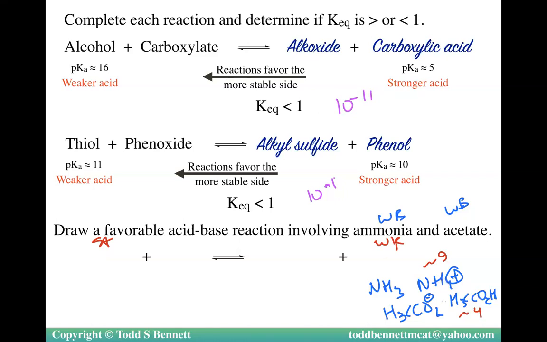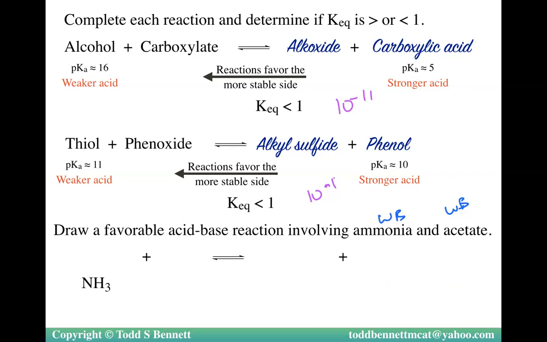Okay, so let me clear what I just wrote and go ahead and let the words flow in. So sorry to do it this way. It's going to be a little counterproductive, but I just don't erase everything. So there's my ammonia, there's my acetate, weak base, weak base. The conjugate is NH4 plus. The conjugate of this is acetic acid.